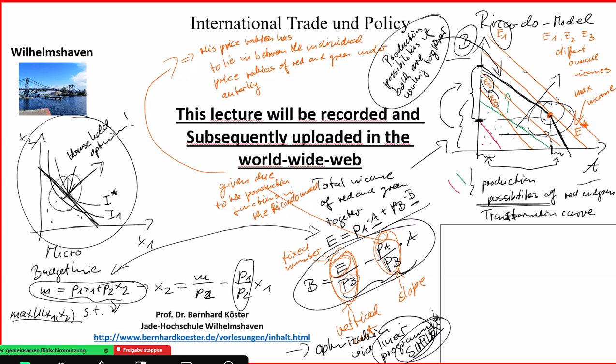We started here with the so-called Ricardo model, and in order to also illustrate, maybe we also start to do a little example for the Ricardo model today when we are through with the specific factors model. So what is the Ricardo model all about?